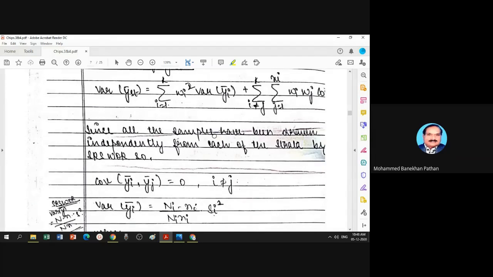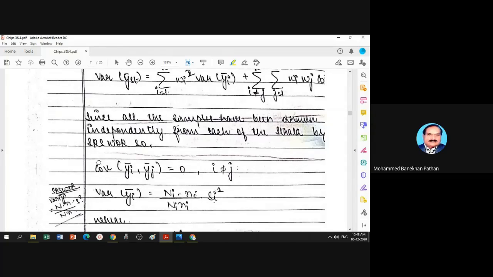Since all the samples have been drawn independently from each of the strata, this covariance of y bar i and y bar j comes 0 because we draw samples from every stratum independently.